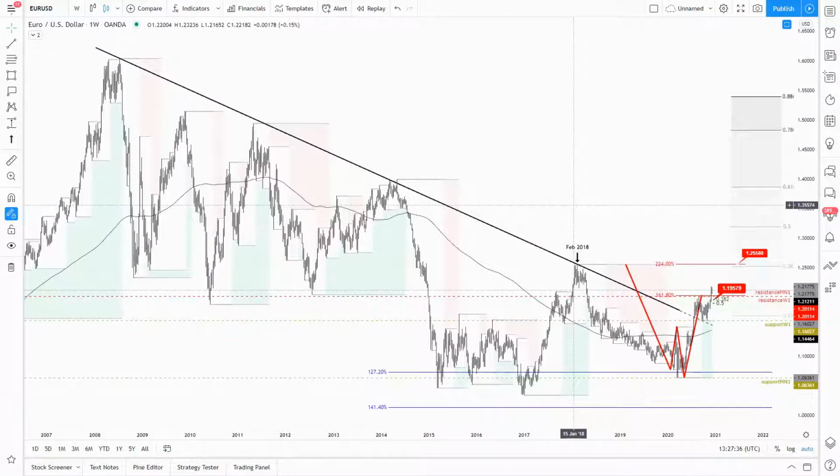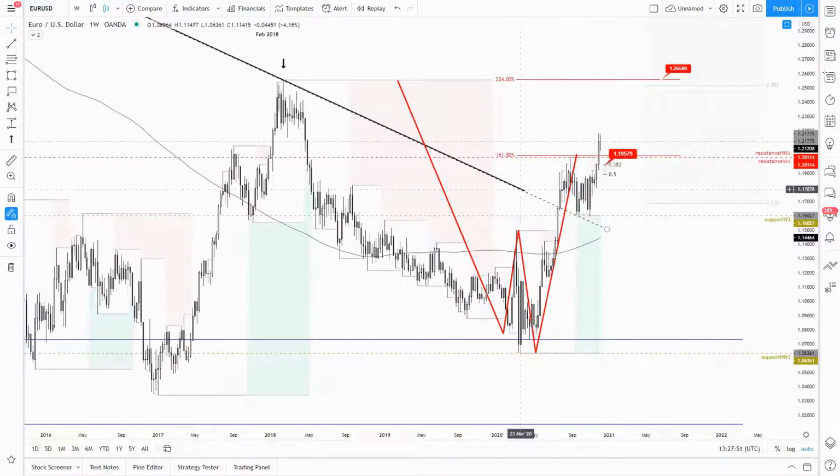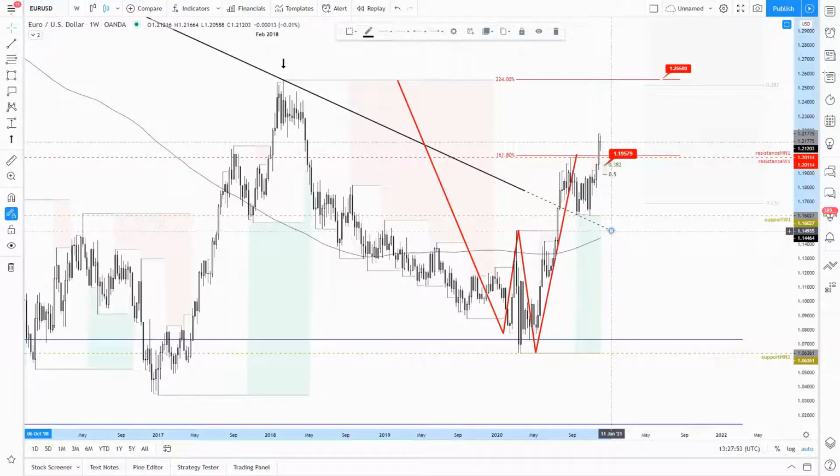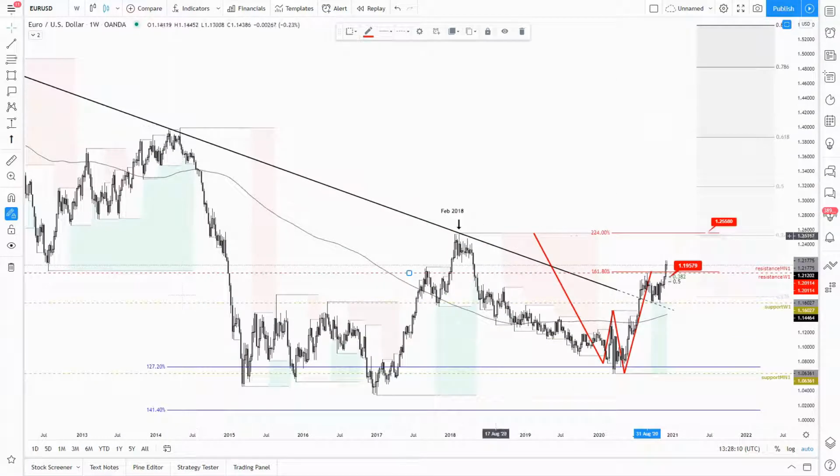As you can see, at the same time the cable is trading that trend line resistance, in my opinion, euro dollar has already violated that trend line resistance, that descending trend line, and it has already consolidated above that trend line, with a new weekly fractal, actually not above the monthly fractal. We are now threatening that confirmation above the weekly and the monthly fractal, but we have a new weekly support right at that trend line.